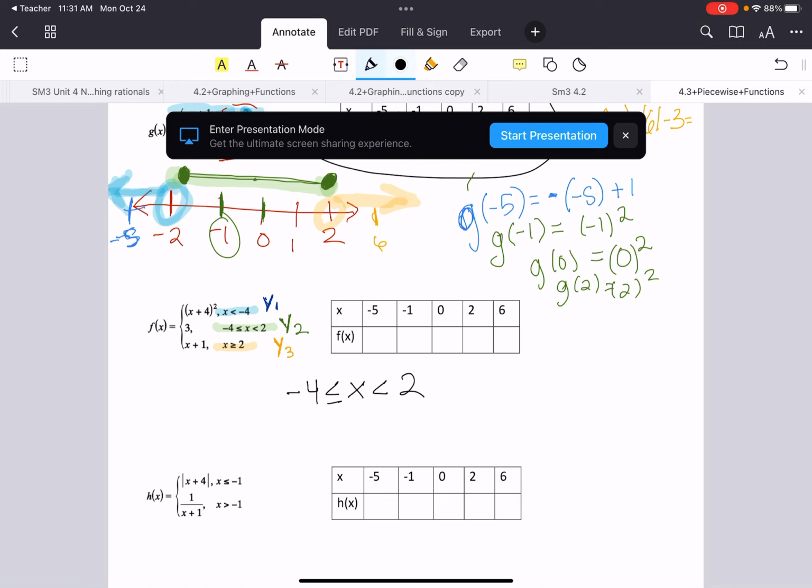We have to keep the x's on the right side of the inequality sign. We start with the x. The alligator's eating the x, so keep the alligator eating the x. X is greater than or equal to -4, and x is less than 2. So this is what this means. X is greater than or equal to -4, and x is less than 2. We got it?